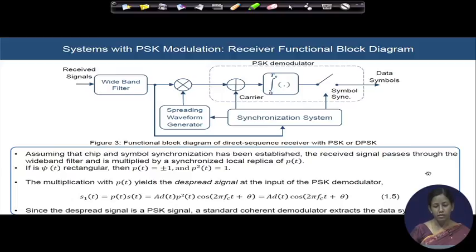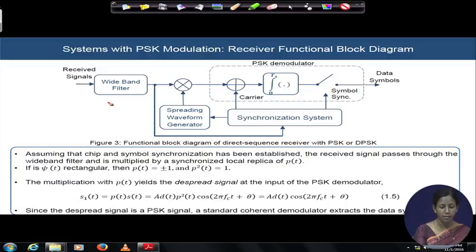If we look into the receiver sector, the receiver functional block diagram conceptually will look like this. You are sending the data after the wideband filter, and here at the front end you need a wideband filter to capture the signal of your interest. The filter center frequency will be the center frequency of the transmitted one, that is equal to FC. After extracting the synchronization information, the synchronized locally generated spreading waveform is utilized to despread the incoming signal.